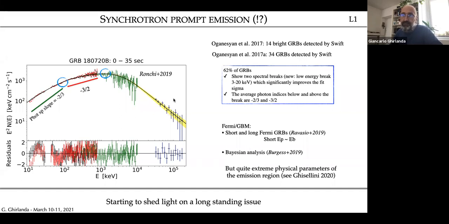In this specific case, the value of p that was derived is quite steep, which is another problem, because it says that the acceleration of particles at the shock, in this case at least, must be not as efficient as the one I described coming out of hydrodynamical simulations. But yes, the information you can get from this part is on the shape of the injected energy distribution of the particles.